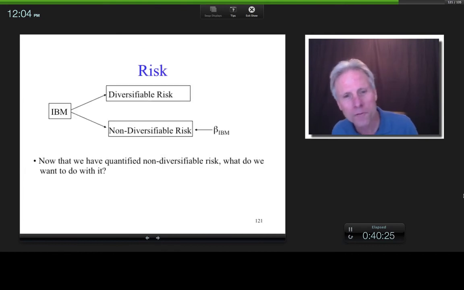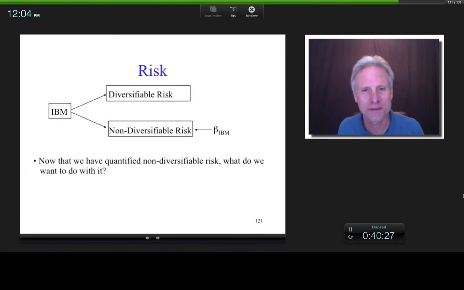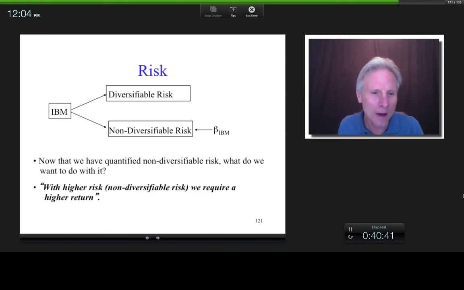So now we've quantified non-diversifiable risk by its beta. We've said, well, we've got this risk, so what do we want to do with it now? Well, we said it was part of that pricing sentence, right? We said that with higher risk, or non-diversifiable risk, we require a higher return.